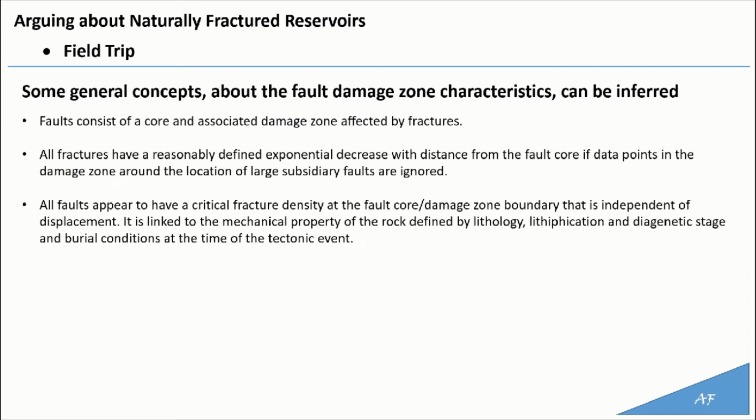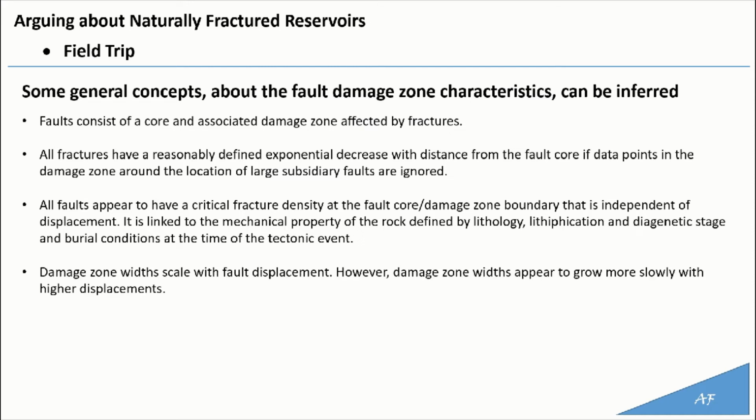All faults appear to have a critical fracture density at the fault core damage zone boundary that is independent of displacement. It is linked to the mechanical property of the rock defined by lithology, lithification diagenetic stage, and burial condition at the time of the tectonic event.